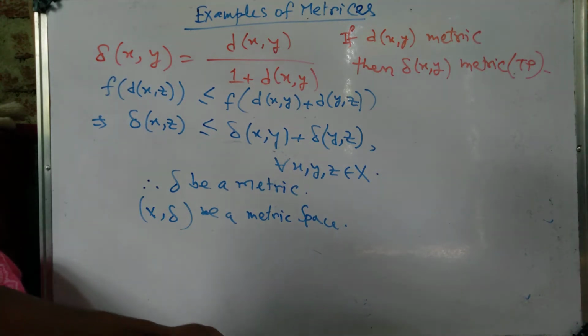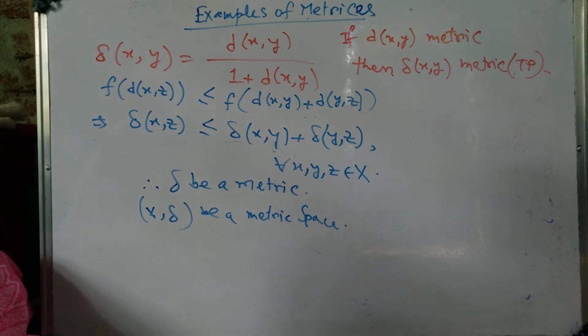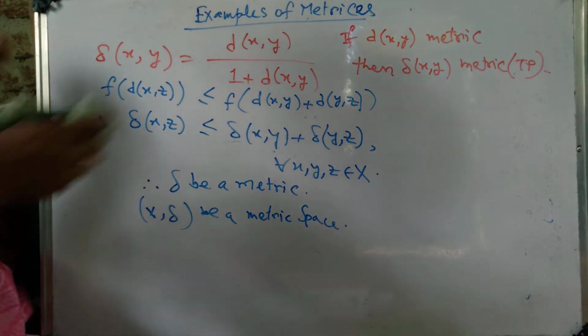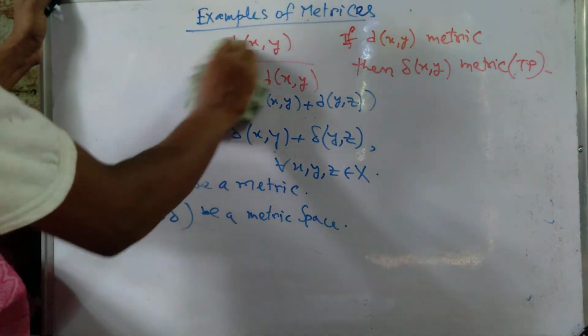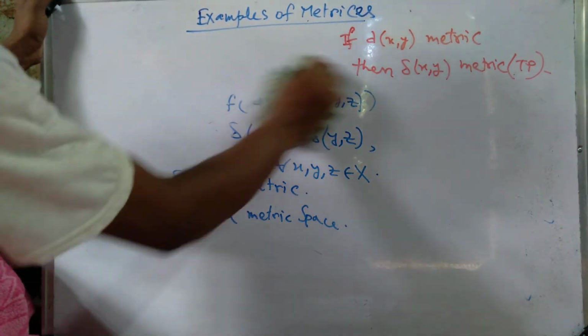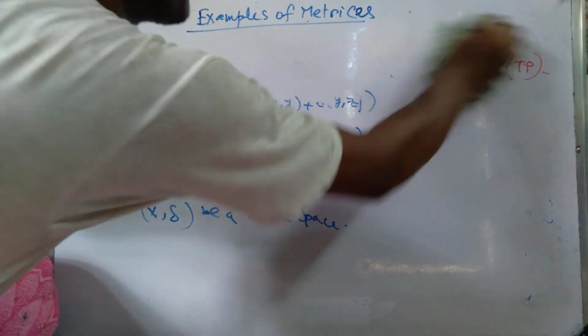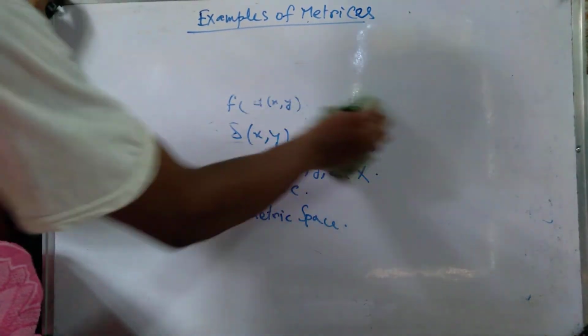Next we discuss another familiar metric, which satisfies all the properties of a metric, and we prove it now. This one is also an important exercise, and also important for examination purposes and other purposes.